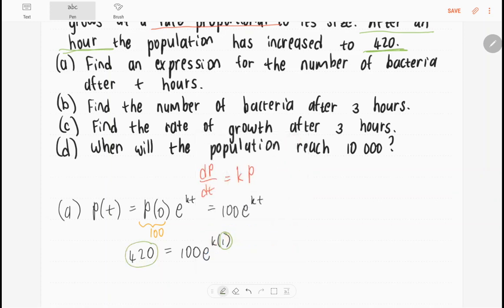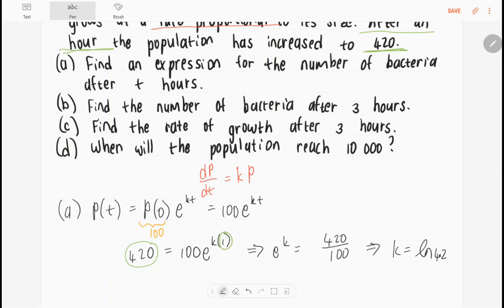So this means that e to the k equals 420 over 100, and that means that k equals ln of 4.2.